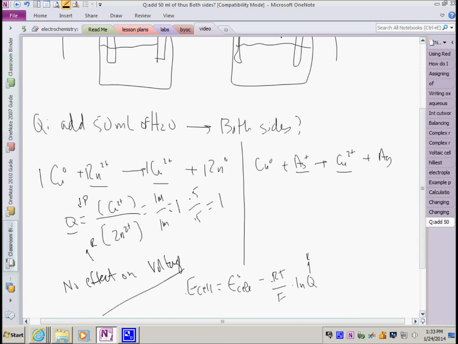That's important. Now in this one over here, I have my Q equals the concentration of my product, copper 2 plus ion, over the concentration of the silver plus ion. This is my product, this is my reactant. You should note that increasing this value will increase the voltage, just hypothetically.